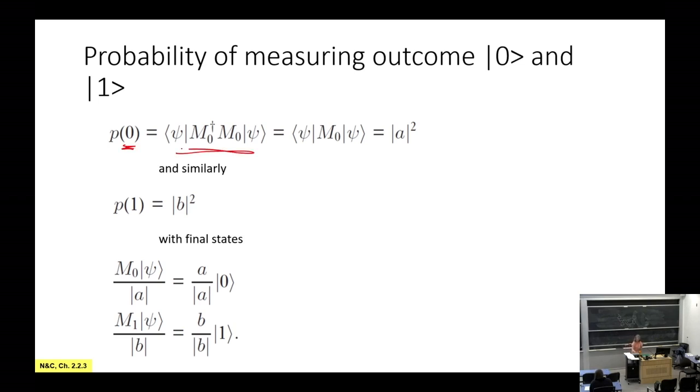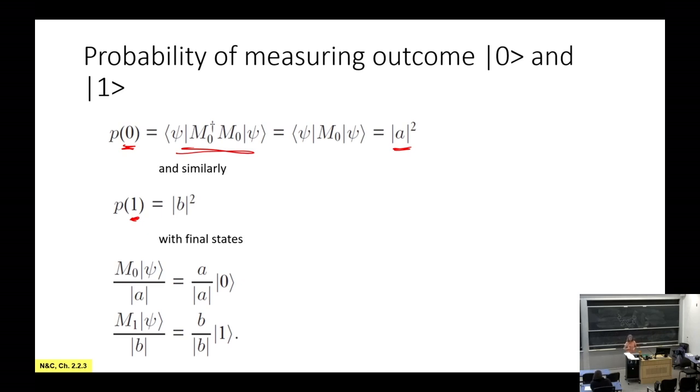So I can write down the probability of obtaining a measurement outcome of 0 for my system. It's equal to this inner product. And that's just equal to the absolute value of a squared. And similarly, the probability of getting 1 is just equal to the absolute value of b squared.